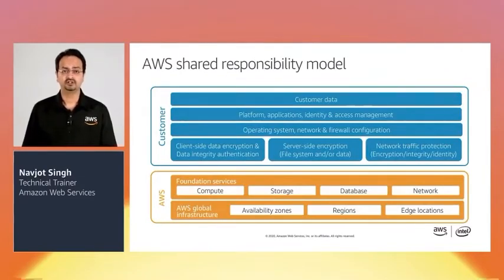If we put the two parts we have just discussed together, that is security of the cloud and security in the cloud, this forms the AWS Shared Responsibility Model. AWS operates under this model. An easy way to remember how this works is to think of it like this.